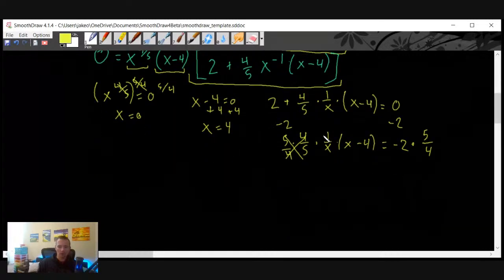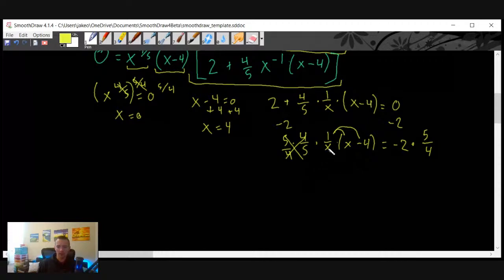And then what we can do is distribute the 1 over x into our parentheses here. So doing that is going to give us 1 over x times x is just 1 minus 4 over x. And then over here, this 2 is going to cancel with that, making it a 2. So we're just going to have minus 5/2.